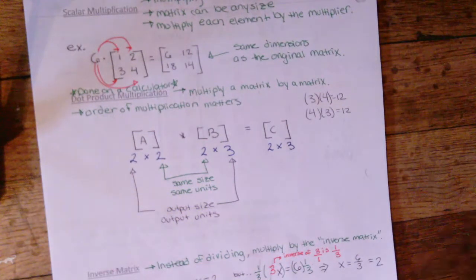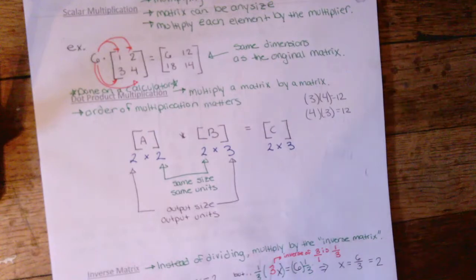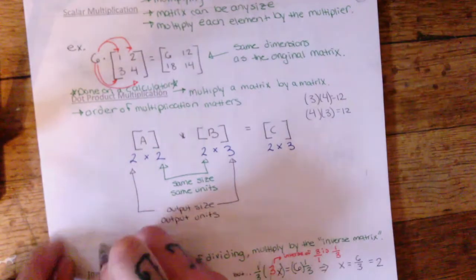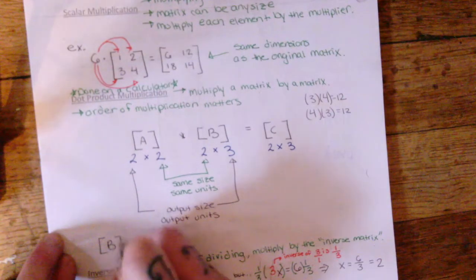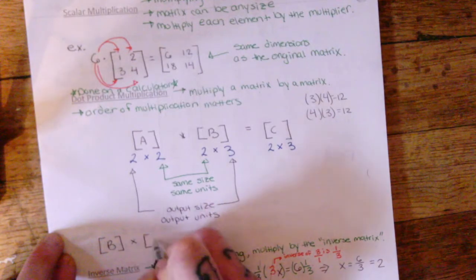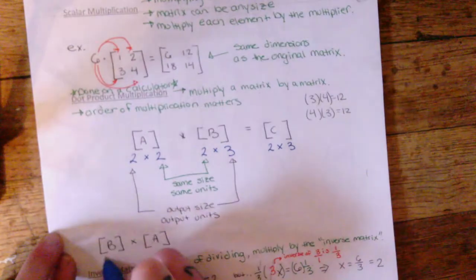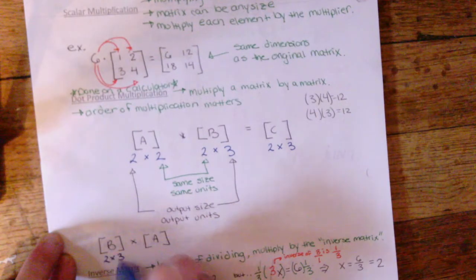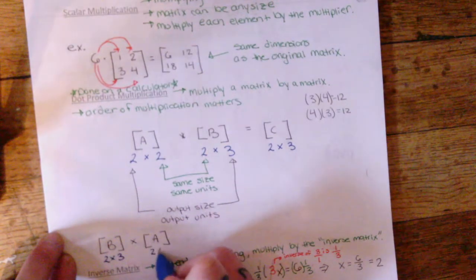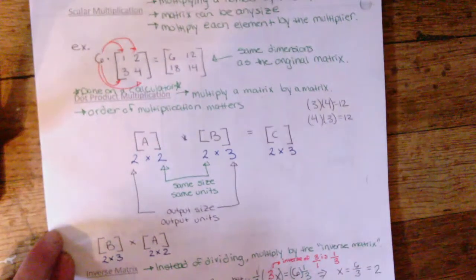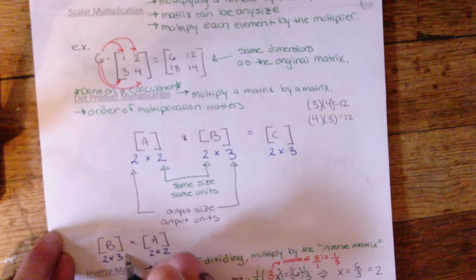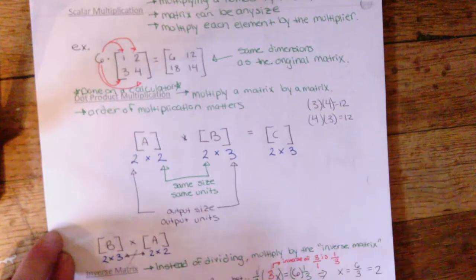Okay? Now, the reason the order matters is because let's say I was to multiply matrix B by matrix A, where B has the same dimensions as above, and A as well. Now, these two numbers are not the same.